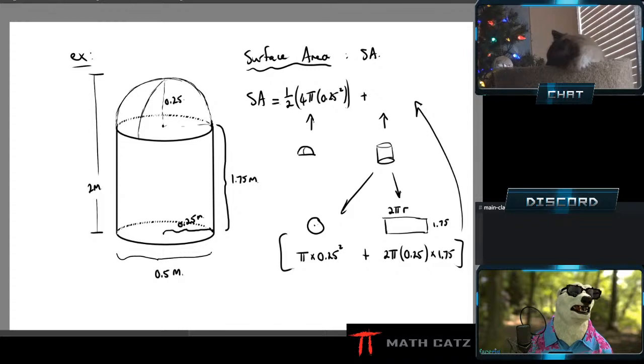So let's just do that half spherical dome, and let's call it A, and the other part will be B. I just need to give it a name because this is going to be an ugly decimal number, right? All right, so let's do that. So I have 0.5 times 4 times pi times 0.25 squared.